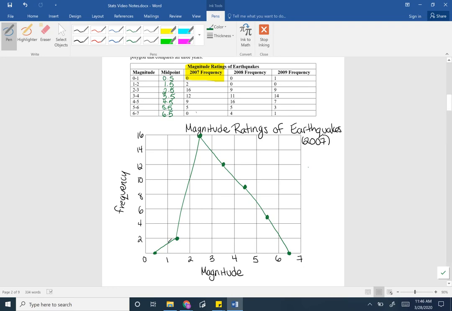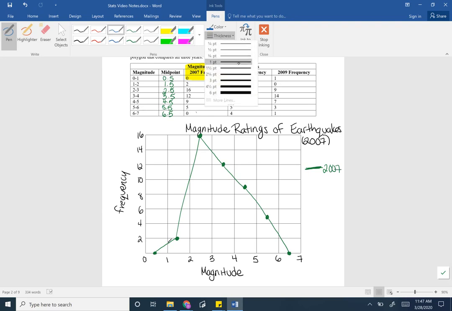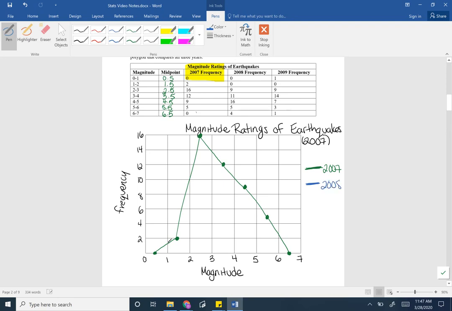So I'm going to create a legend. My green line is going to be for 2007. I'm going to pick a new color here. Let's go with blue, and that's going to be 2008. Same idea, we're going to use the same midpoints, but now we just have new frequencies. So let's now plot those points. So we're here at 0 again.